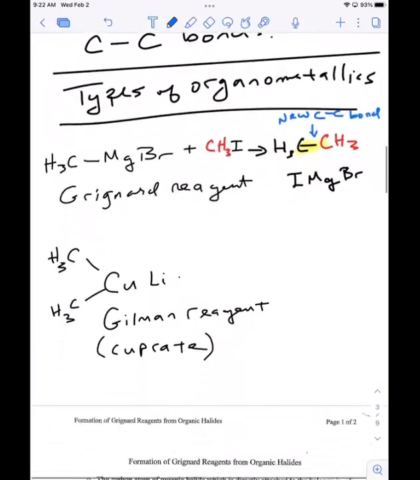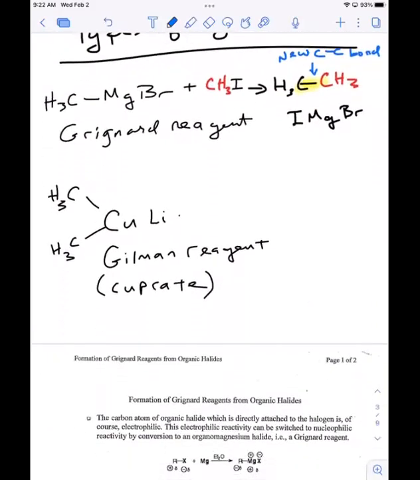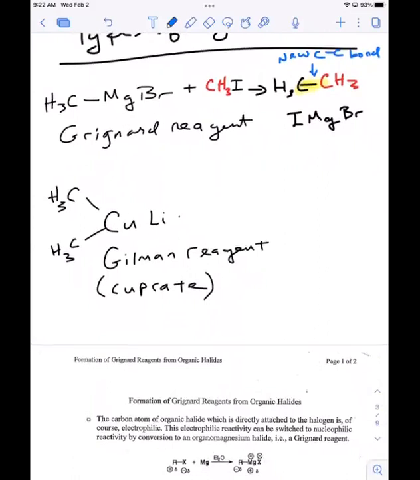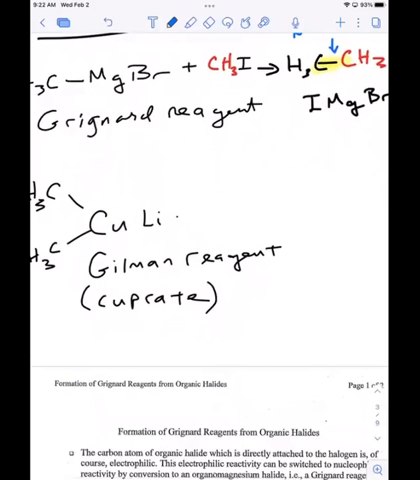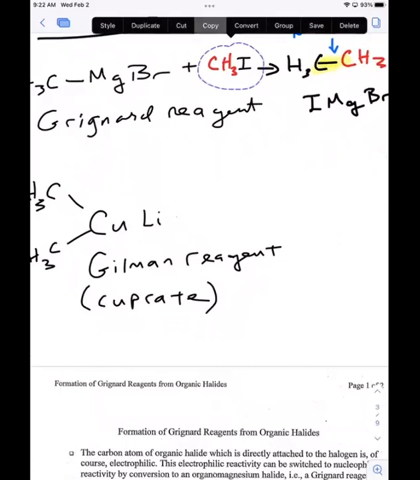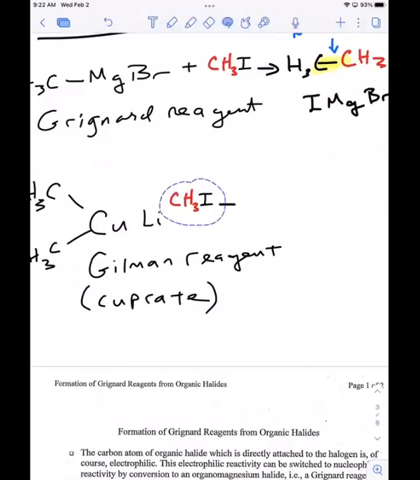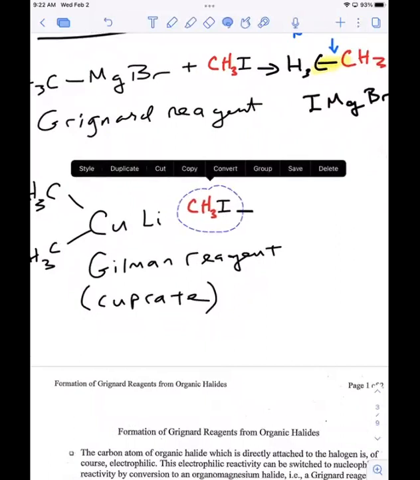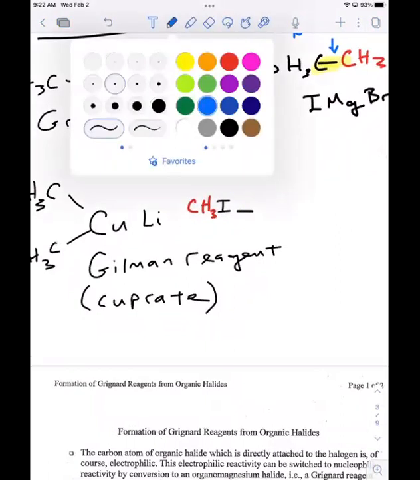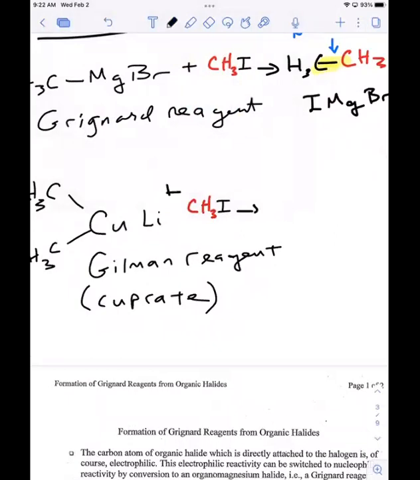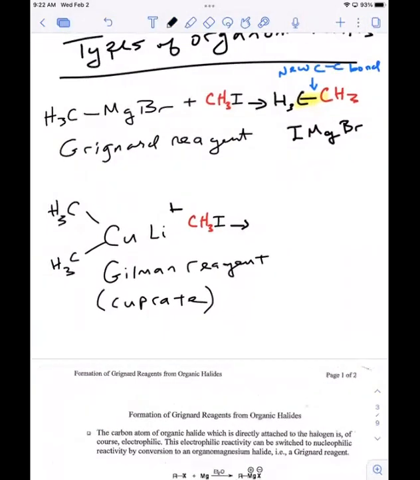Right, and the cuprates react much the same way. You can take this plus, let's just take the same thing, methyl iodide. And then you're going to make a new carbon-carbon bond on the other side of the arrow.